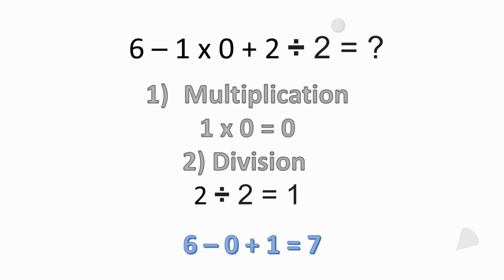I see a lot of people mess that up, but you do the multiplication first. 1 times 0 is 0. Then the next operation in our hierarchy is division, because we're going left to right, remember. So 2 divided by 2 is 1. So the problem reduces down to 6 minus 0 plus 1 equals 7.